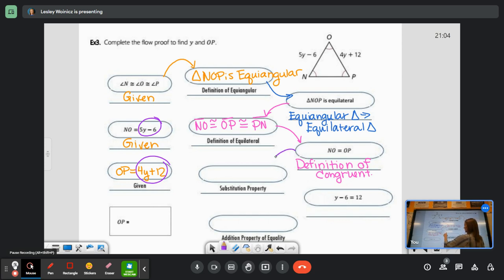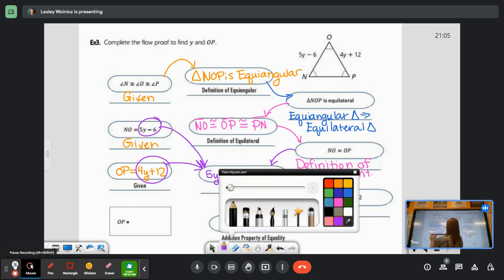So we can make substitutions using those expressions and have an equation to solve. So NO is 5y minus 6, and OP is 4y plus 12. That was thanks to the substitution property.